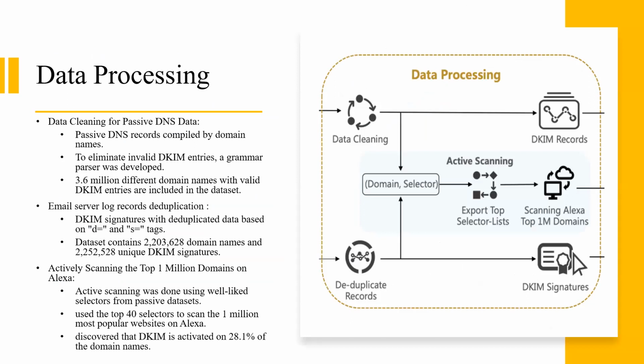In this step, the researchers followed three steps. One of them is data cleaning for passive DNS data. In that step, they used passive DNS records compiled by domain names and eliminated invalid DKIM entries.